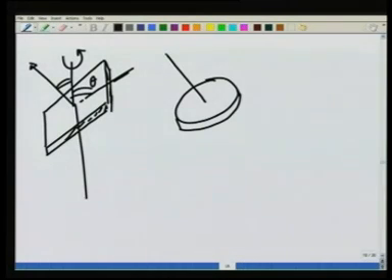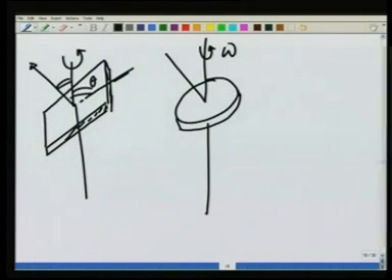tilted at an angle from the vertical and rotating like this, so that the perpendicular to the disc makes an angle theta with the axis of rotation. I want to calculate how much torque would be required to keep it rotating at a constant omega.